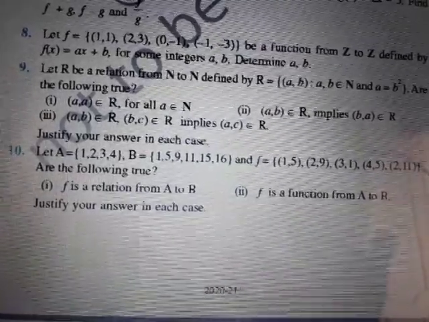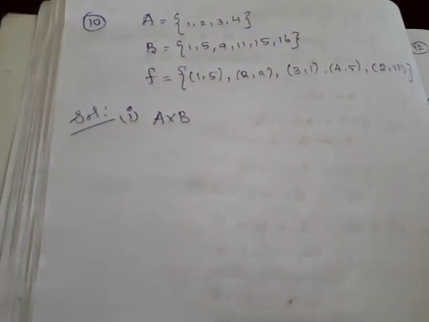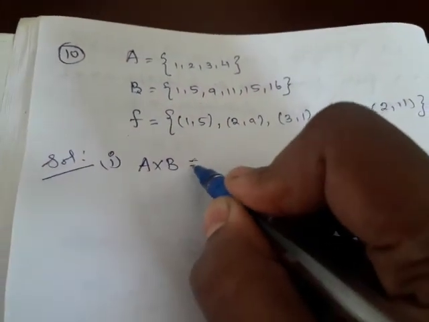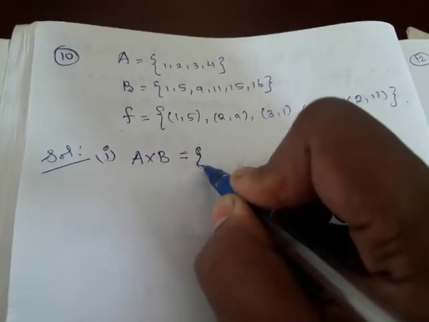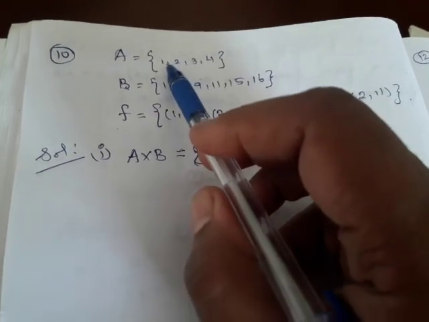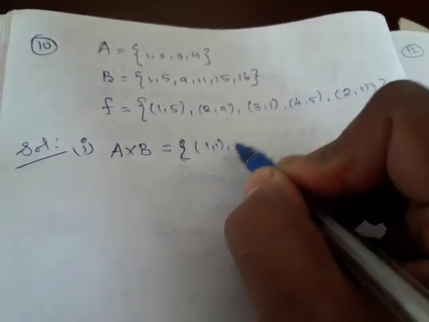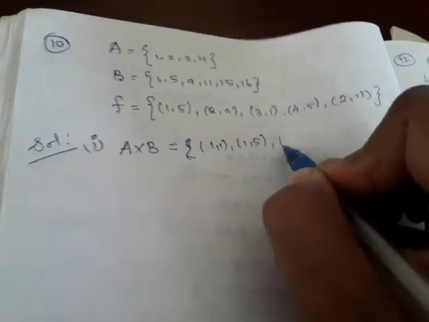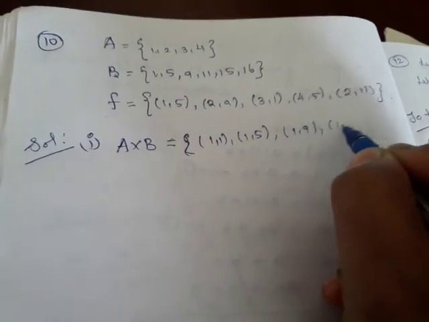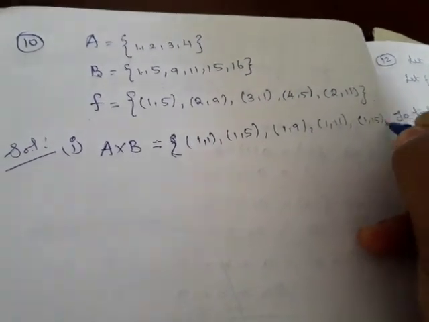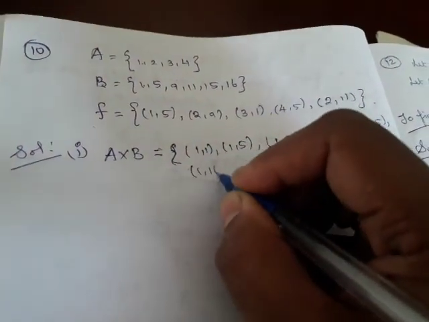Now let us see how we can do it. First, to check whether it is a relation or not, let us list out the Cartesian product A cross B. You know how to write it, right? The ordered pairs: (1, 1), (1, 5), (1, 9), (1, 11), (1, 15), (1, 16).